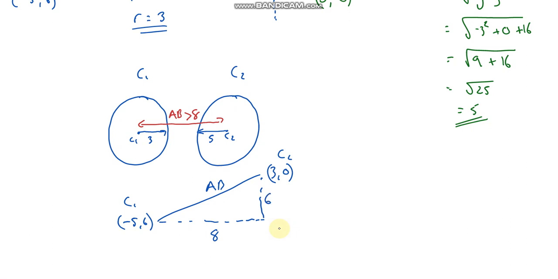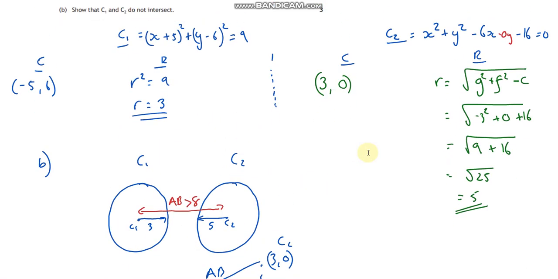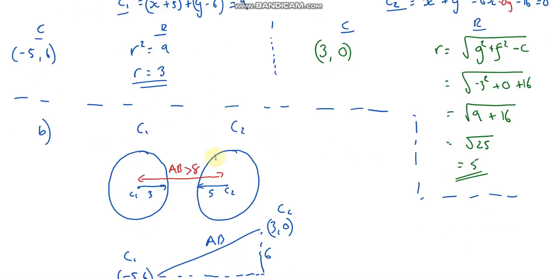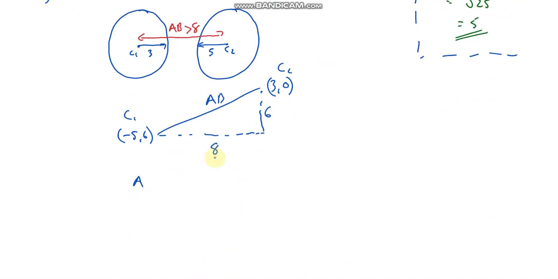Now, the signs here don't matter. If you're looking at working out the centres and things, you would have to check your signs are going in the right direction, but this doesn't really matter. So I've got 8 and 6. So AB squared, I'll just put B here so when people look at this, they know it's part B. So AB squared is going to be equal to 8 squared plus 6 squared.